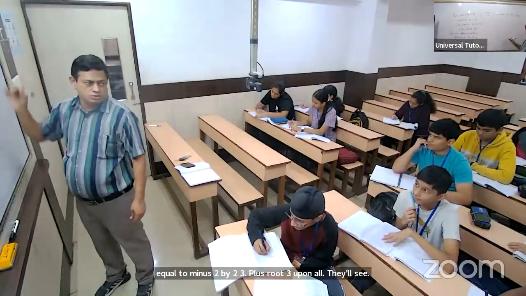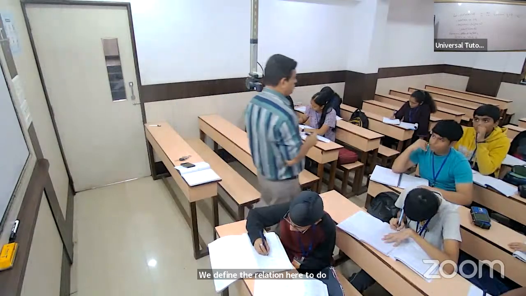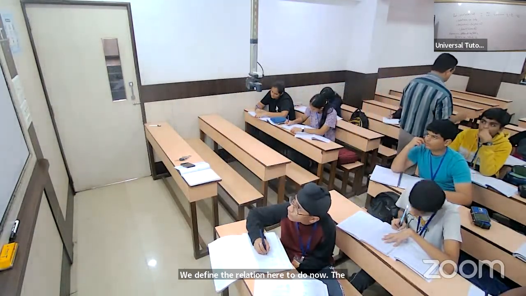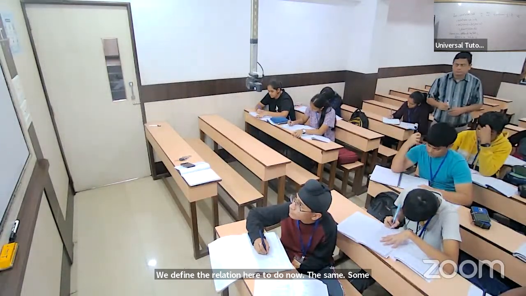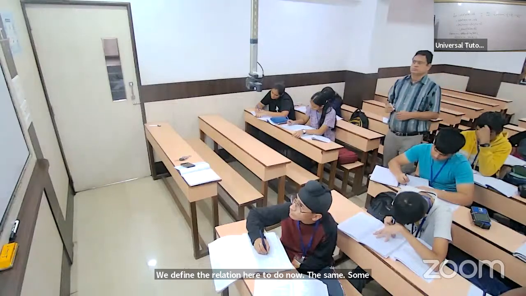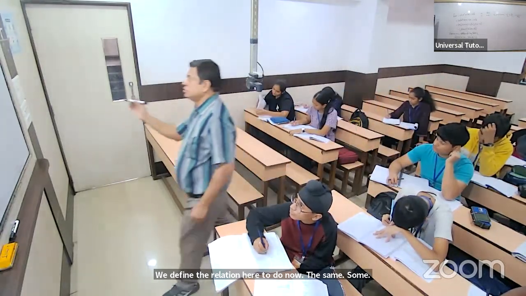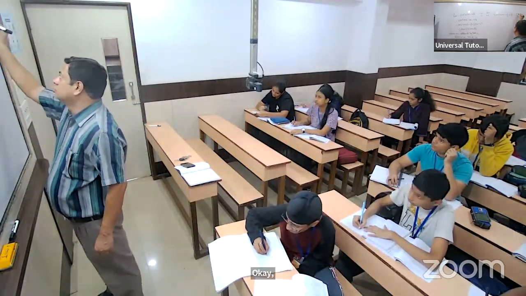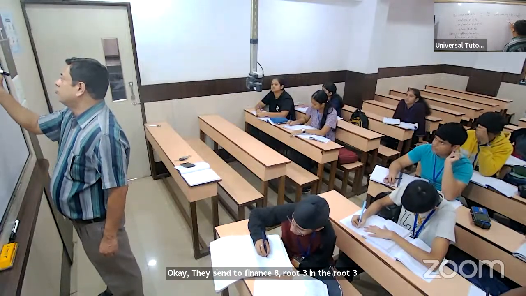Verifying the relation you have to do now. Sum and product, like the first question. After getting the zeros, find the sum and product. What did you get? Minus 8 plus 3 is minus 5, that is minus 5 upon 4 root 3.